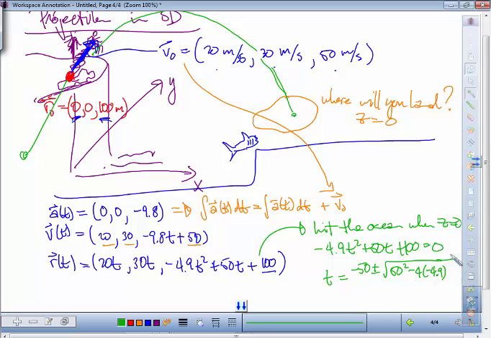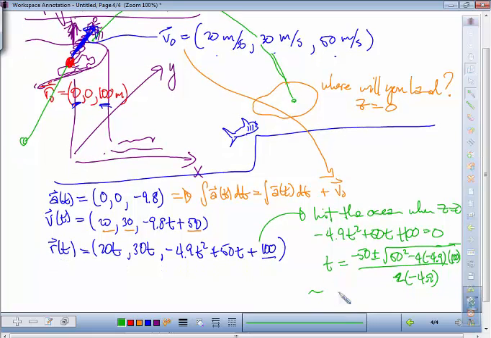Times c, or 100, all over 2a. So we should get a couple of times here. I'm guessing the plus one is going to give you the positive time. So if you're working that out, can you figure out the one with the plus and see what you get?